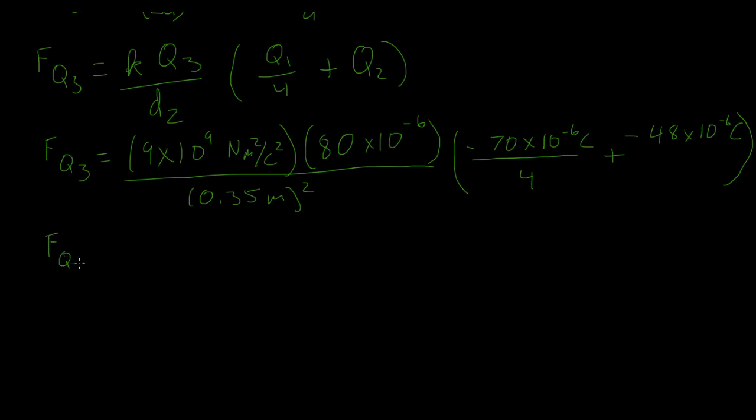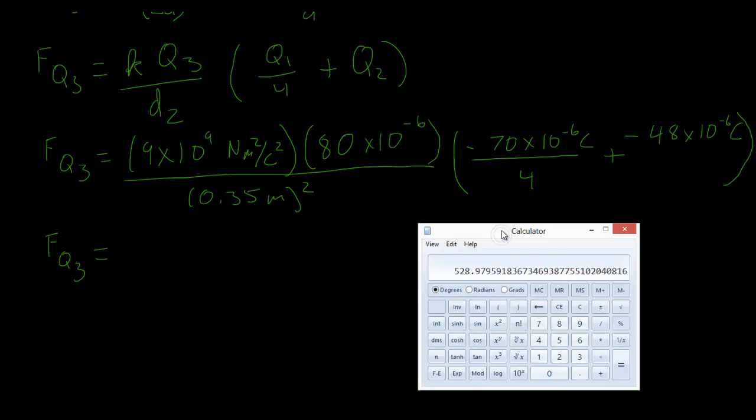Okay, so the net force on Q3, and again I'll do what's in the parentheses first. I'm going to start here with this fraction. We have 70, it's negative, with an exponent of negative 6, and I'll divide by 4. And then I will add 48, but that's negative, with an exponent of negative 6.